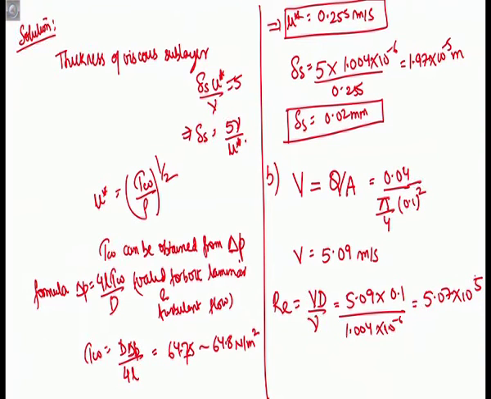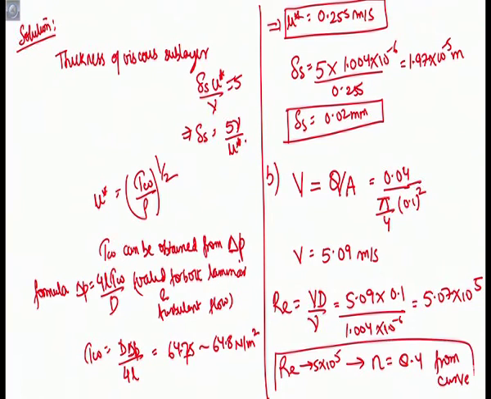So with this Reynolds number, 5 into 10 to the power 5 corresponds to the value of n equal to 8.4 from the curve. This is important to note down. So we look at the Reynolds number and we look at the curve.